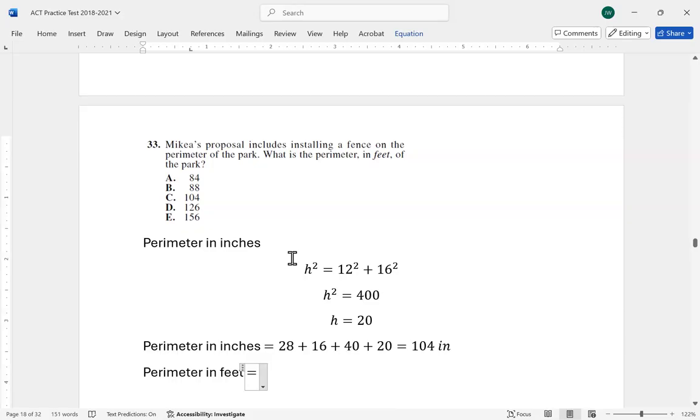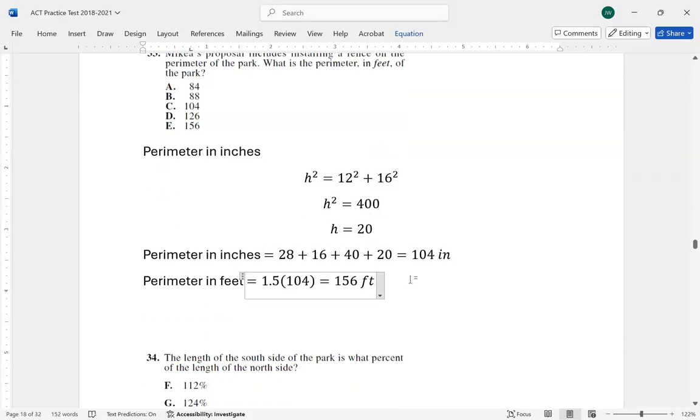To convert that to actual feet in the real world, since 1 inch represents 1.5 feet in the real world, what I would do is take 1.5 times that 104 that I just got. So 1.5 times 104 becomes 156 feet as the perimeter. By the way, if you wanted to convert everything into feet first and then find the hypotenuse, you could do that as well. But the perimeter in feet is 156 feet.